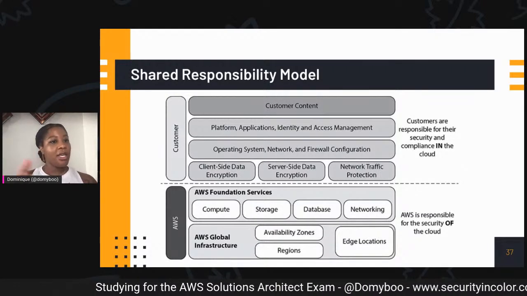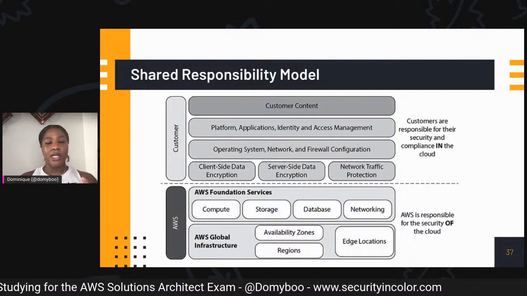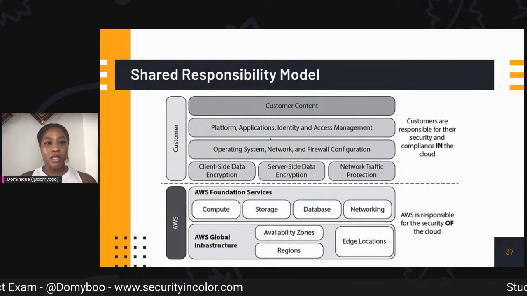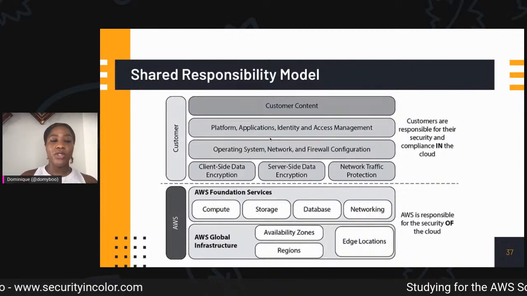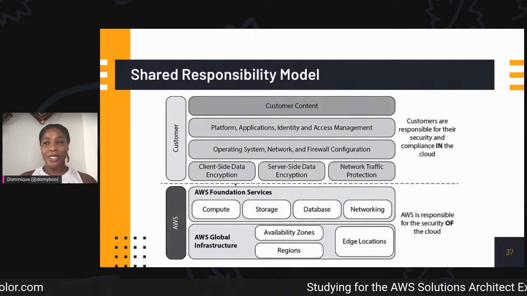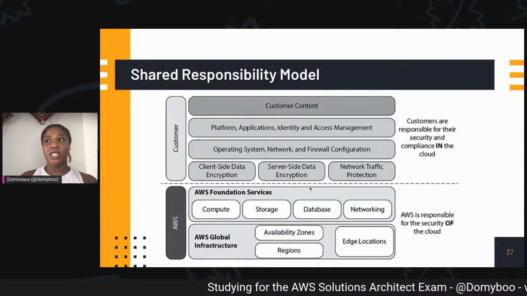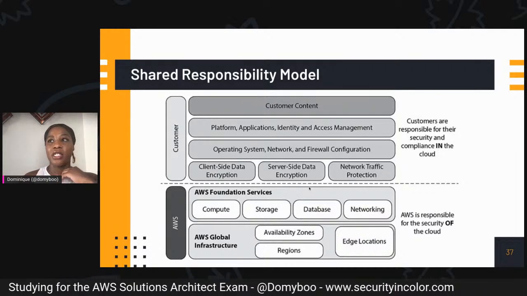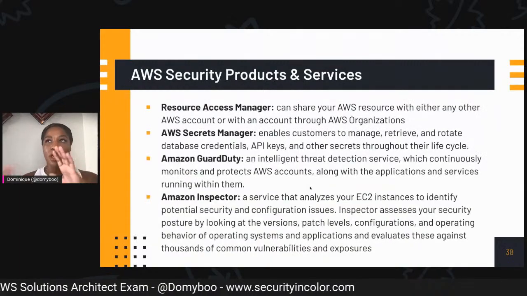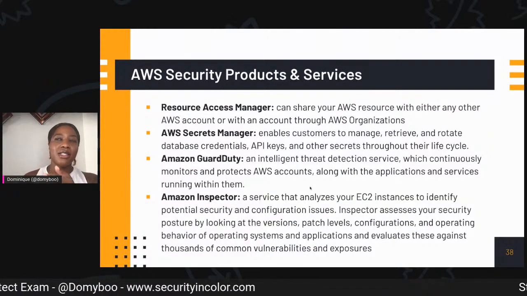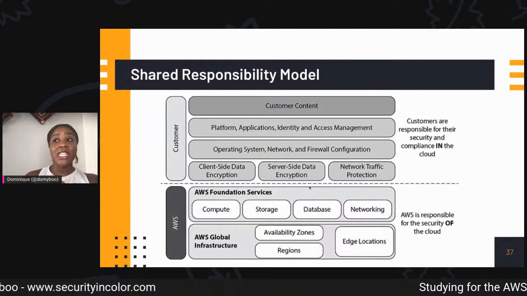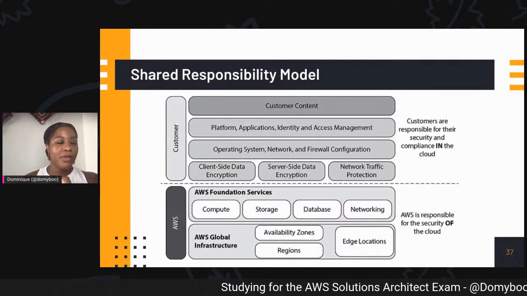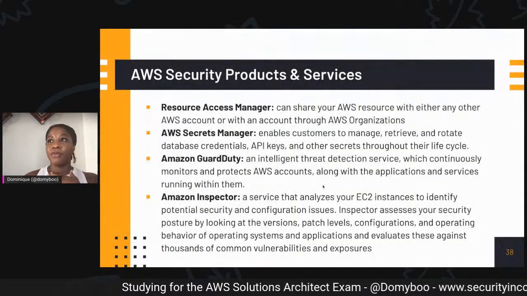You put your data in it, they'll take care of everything else and you're good to go. But if you're using platform as a service, then you start to get a little bit more responsibility. And if you're using infrastructure as a service, then all of this is your responsibility. Again, do this in conjunction with the deployment model, and I'll put a note in here when I share this out so people can understand the two. Because looking at that is easy to understand, but you don't understand it if you don't know what cloud deployment model you're using.